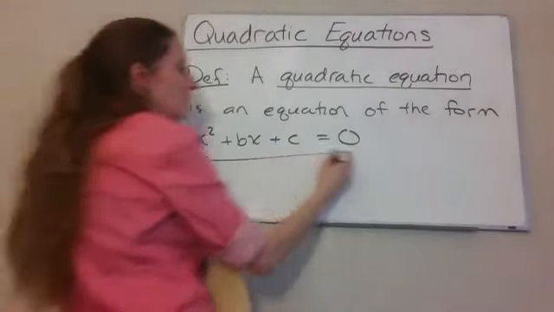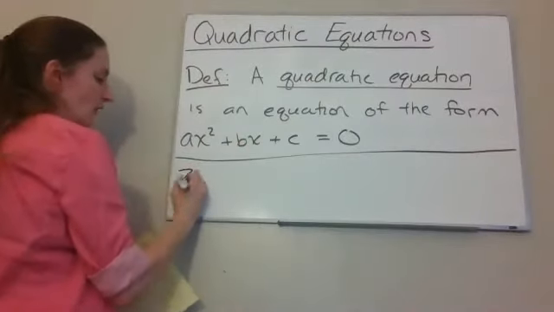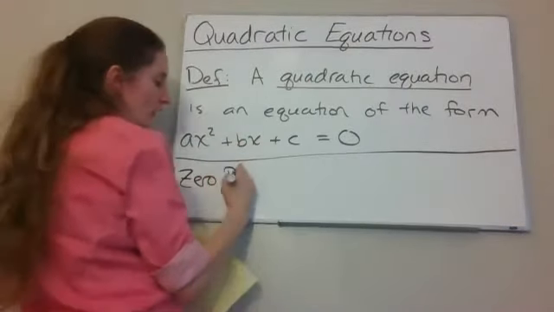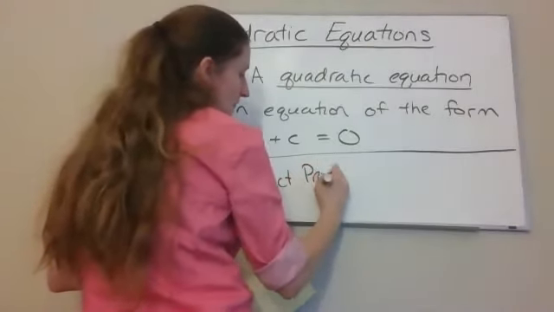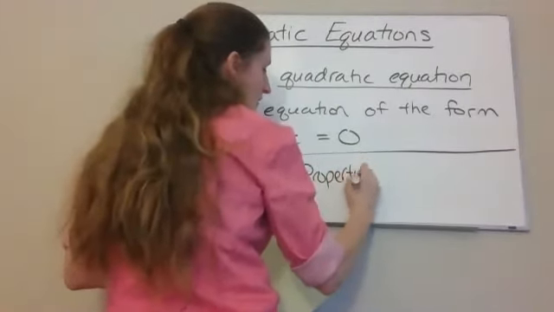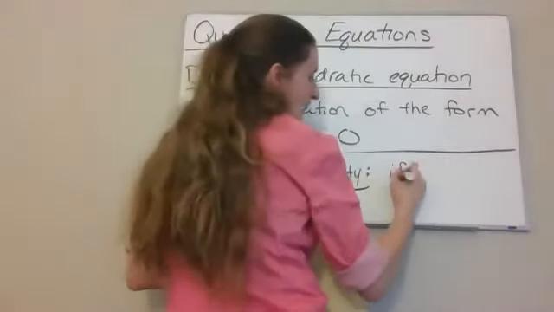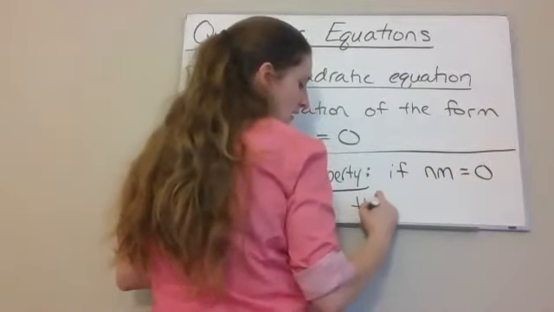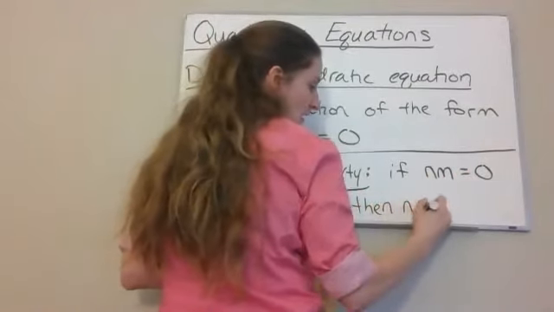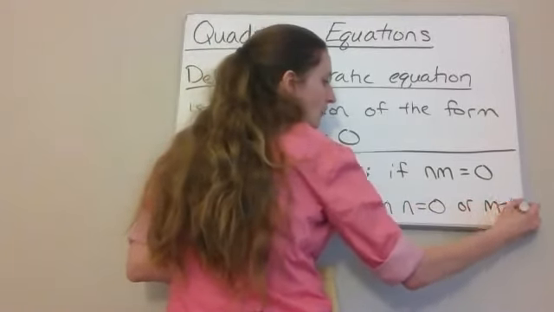And the first way we're going to practice solving these quadratic equations is using something called the zero product property, which just says that if n times m is equal to 0, then n equals 0 or m equals 0.